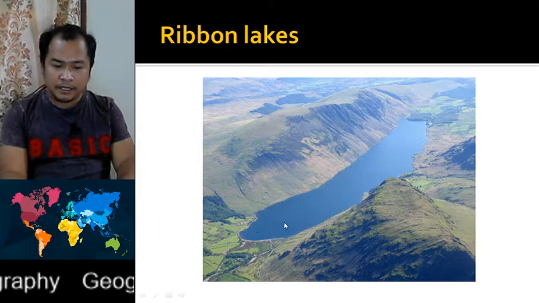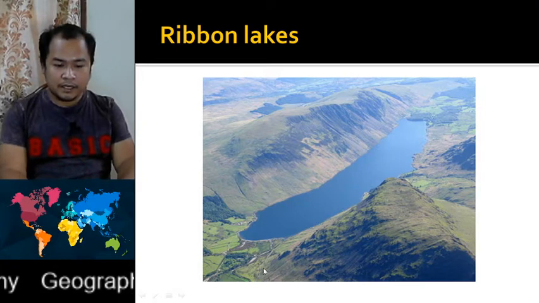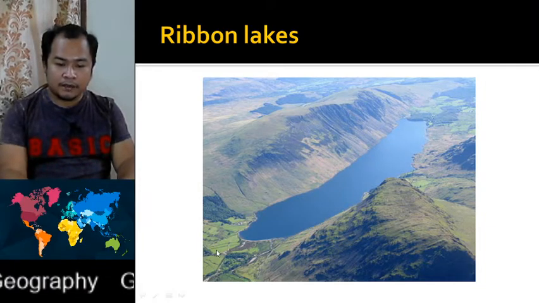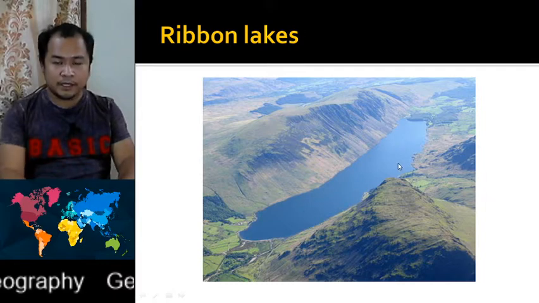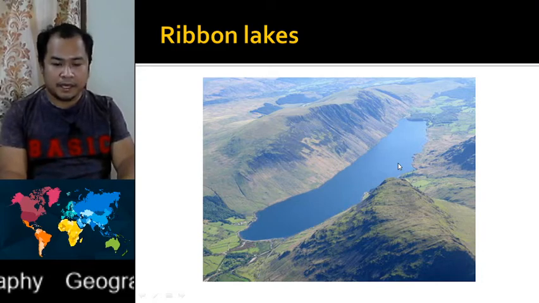So that means this area is now deeper because of the erosion of the softer rocks, while here there isn't much being eroded, so it remains intact. So again, harder rocks remain, softer rocks are eroded, leaving a very deep part where water can be deposited. So it is now a lake.